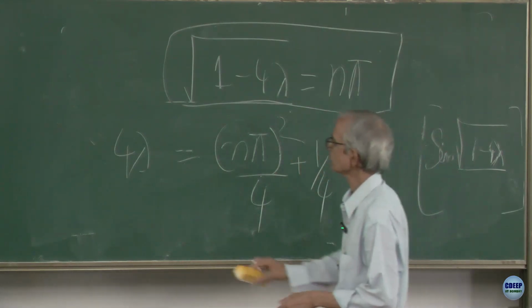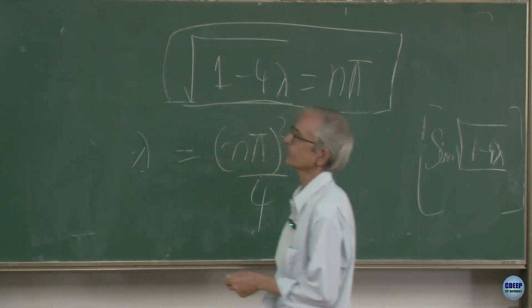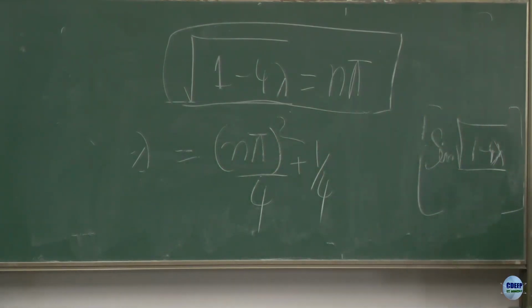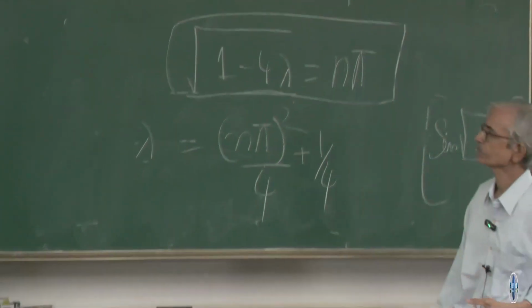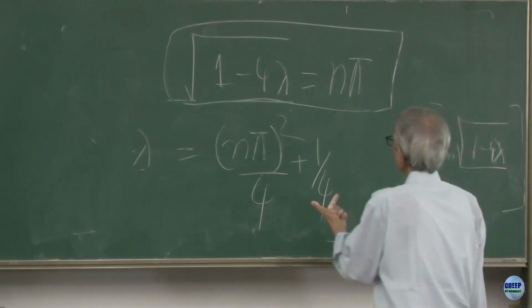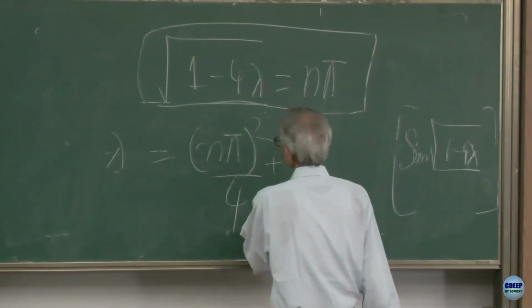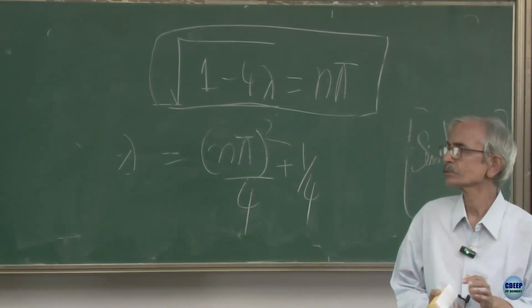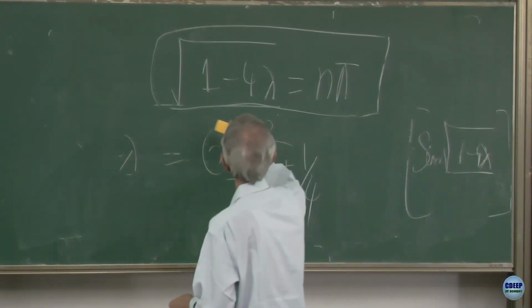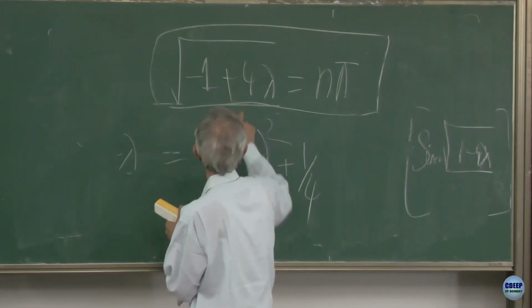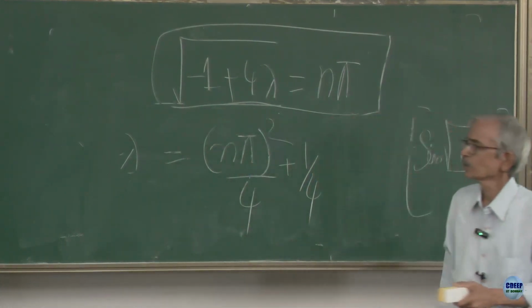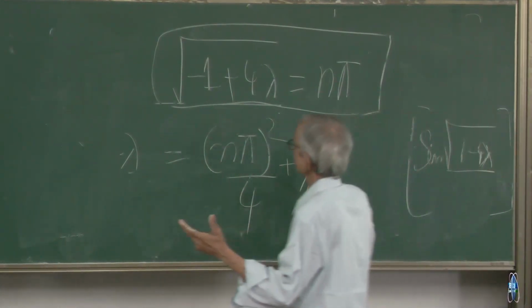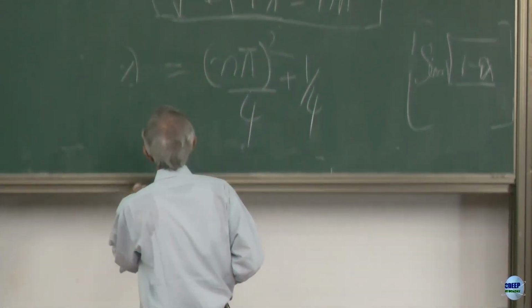Okay, so lambda is going to be equal to n pi square by 4 plus 1 by 4, and then for different values of n I'm going to get my solution. Okay, so this should be 4 lambda minus 1. Okay, so we get my y solution.